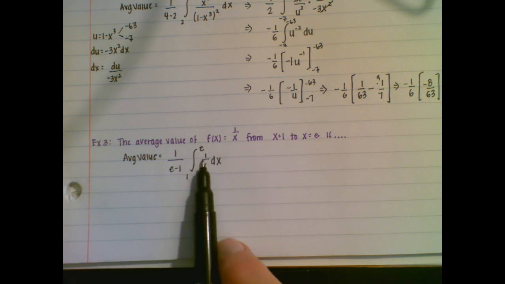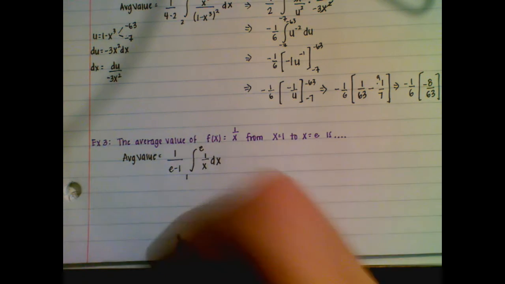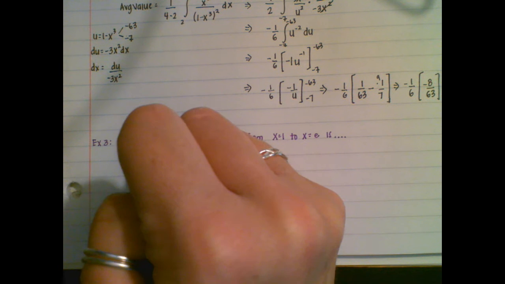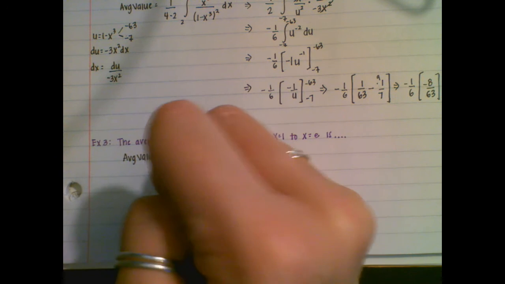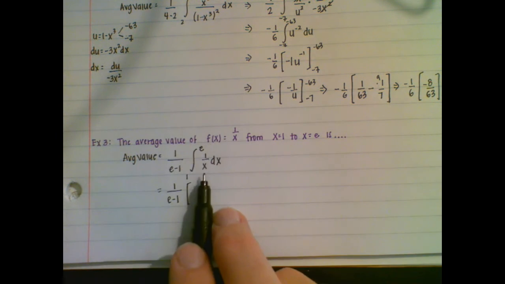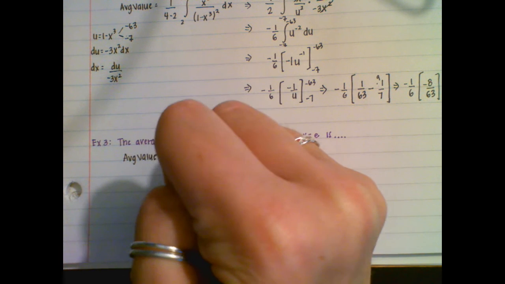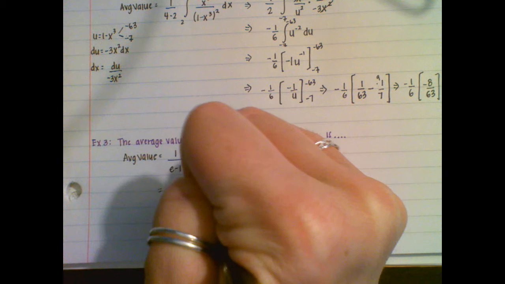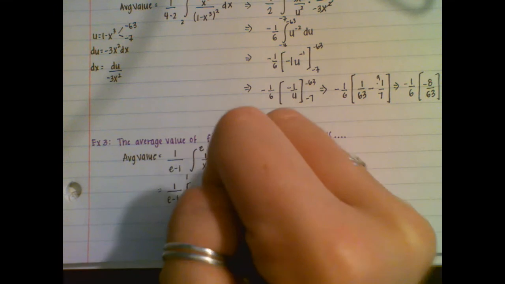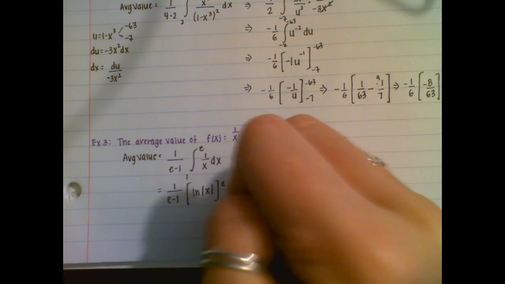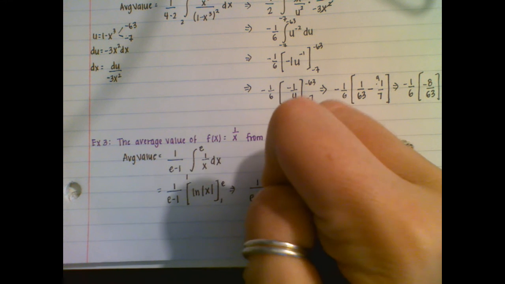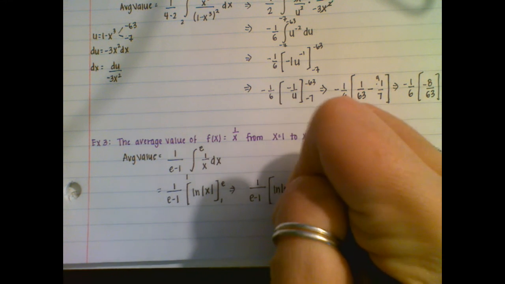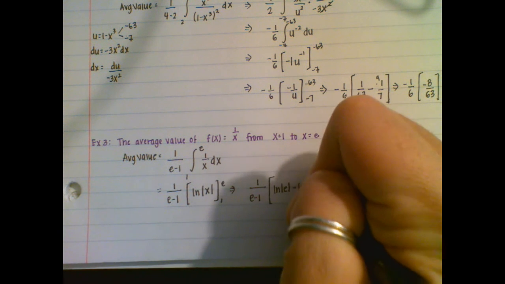And here is where I'm recognizing that I'm going to be using a natural log because I have a 1 over x in my integral. So 1 over e minus 1 times antiderivative 1 over x is going to be ln of the absolute value of x from 1 to e. So 1 over e minus 1 times ln of the absolute value of e minus ln of the absolute value of 1.